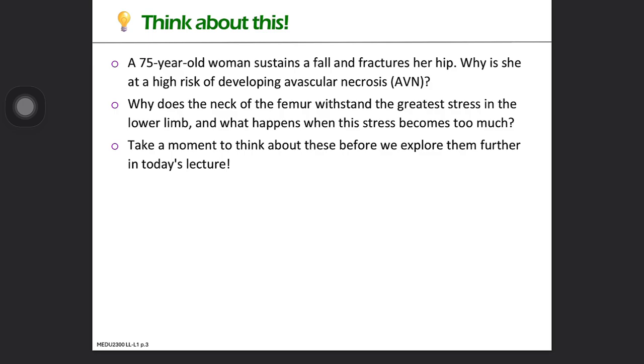So there is a 75-year-old lady who sustains a fall, very common, and fractures her hip. Why is she at high risk of developing avascular necrosis, AVN? And why does the neck of the femur withstand the greatest stress in the lower limb, and what happens when this stress becomes too much? Okay, so let's think about it.